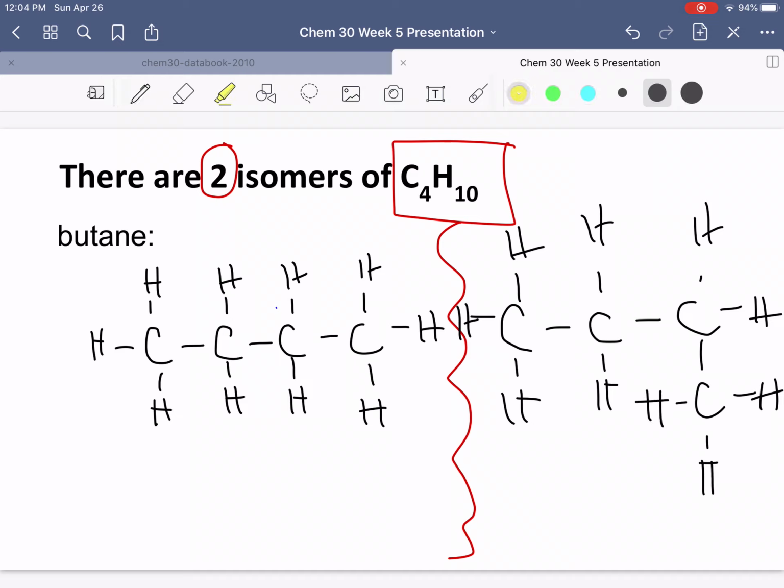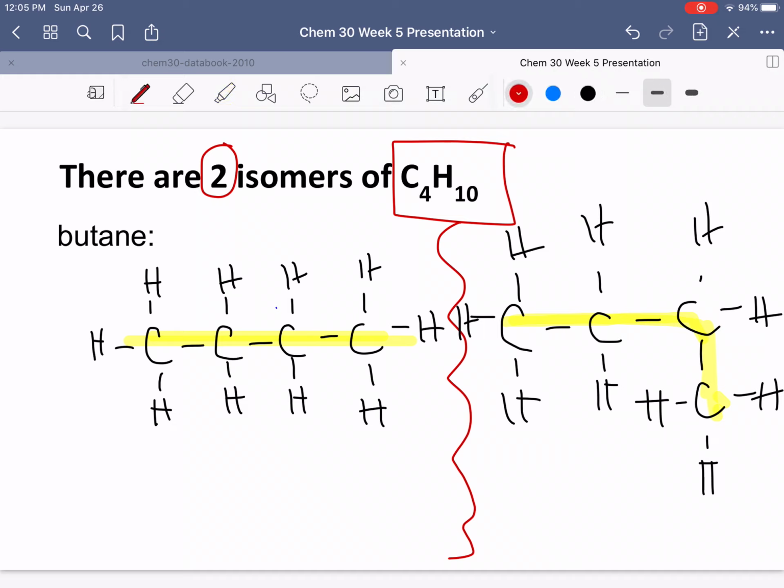I'll highlight it here. I can still draw a nice straight line of those 4 carbons, and even though this is bending around, I can still have this full continuous line. I don't have to lift my pen to make that line, if you will. Okay? So there's one of our isomers.